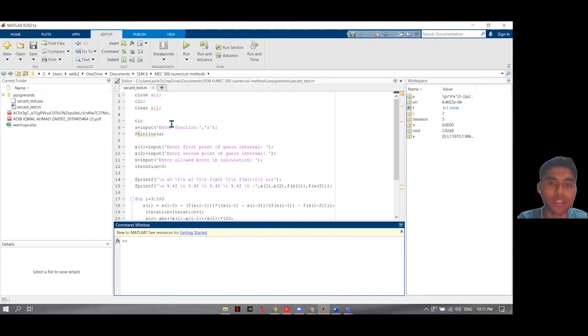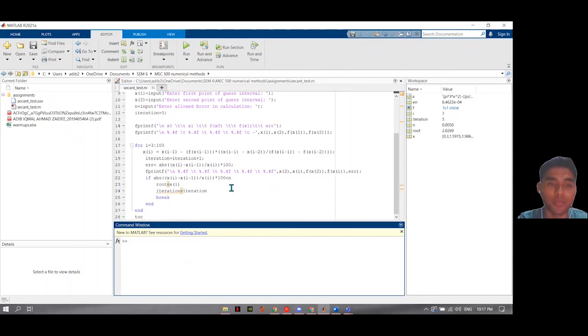After we enter all these numbers, it will display x0, x1, fx0, fx1, and the approximate relative error. For this loop, i equals 3 to 100.